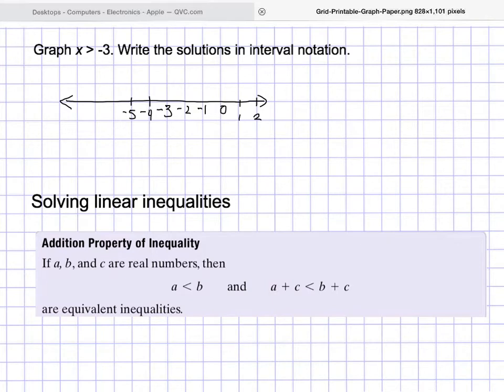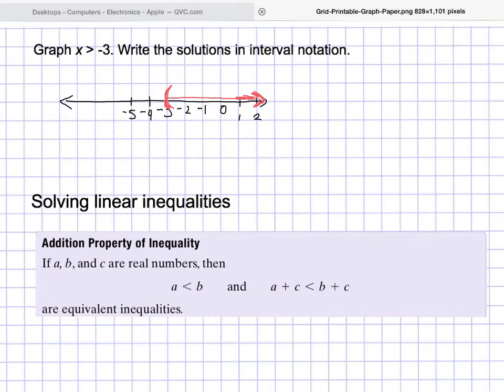Our C, basically, it looks like a C facing to the right because that's the greater than. All of the numbers to the right are greater than -3. So we find -3, we put a parentheses on -3, and we take our arrow in the direction of positive infinity.